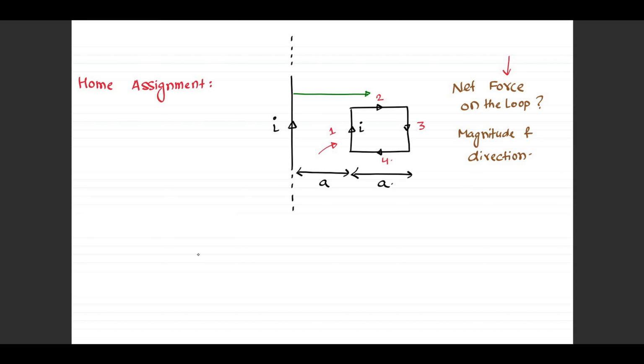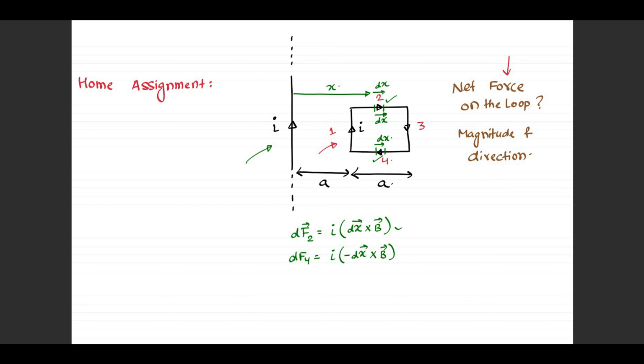At a distance of x, if I am taking a small segment of dx here and small segment of dx here, so force on that small segment of 2 is I dx cross B, and dF4 will be the same, because magnetic field at both those locations will be same due to this wire.